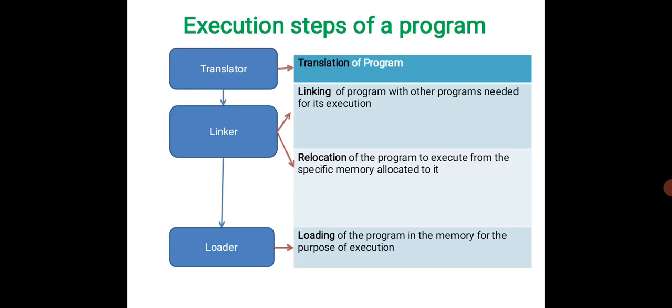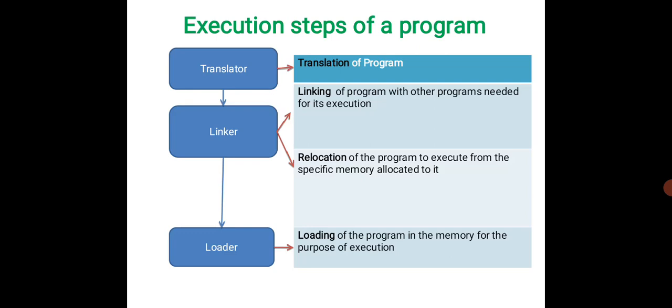So, this is how the program is executed. You could see a translator which will translate the program, and the second one is a linker, which will link the program with other programs needed for its execution. Then there is a relocator, which relocates the program to execute from the specific memory allocated to it.